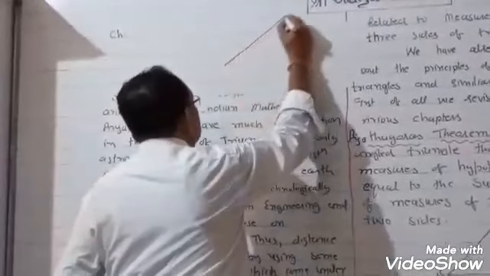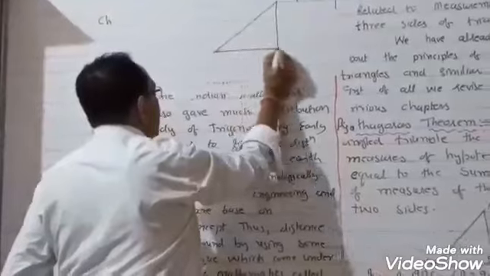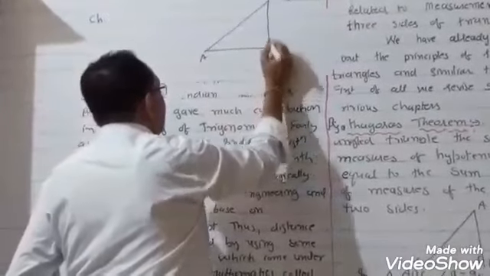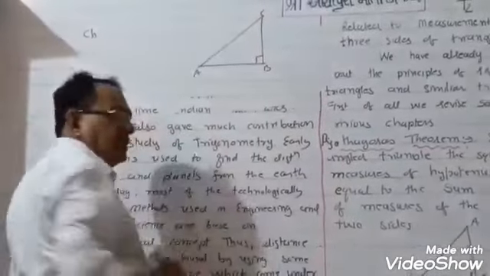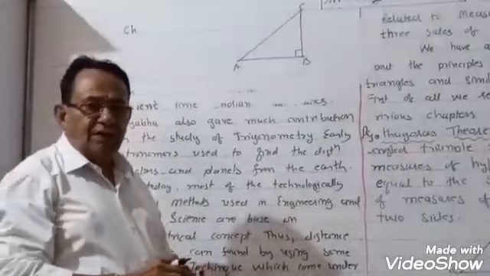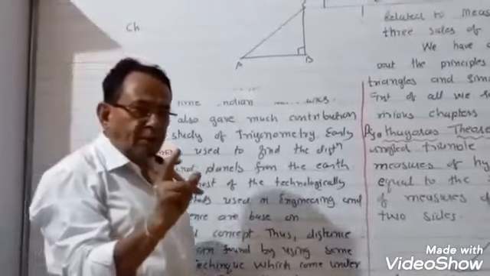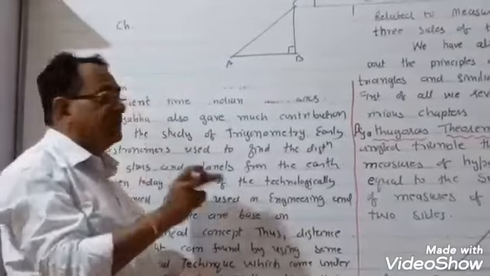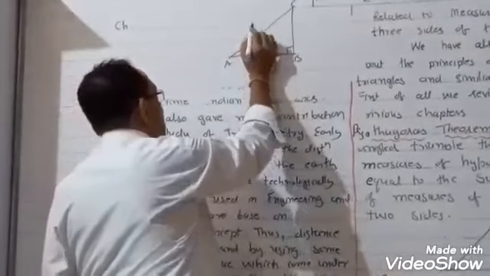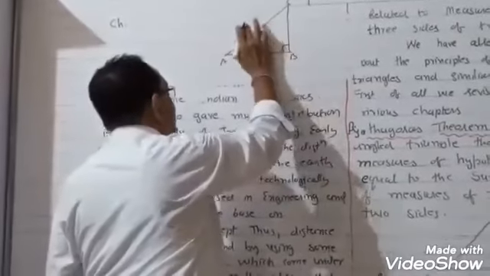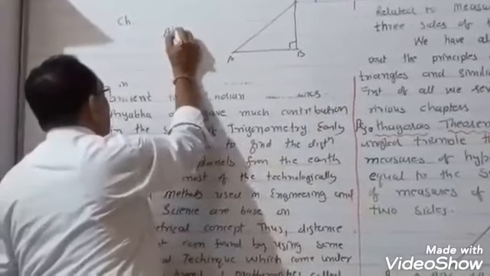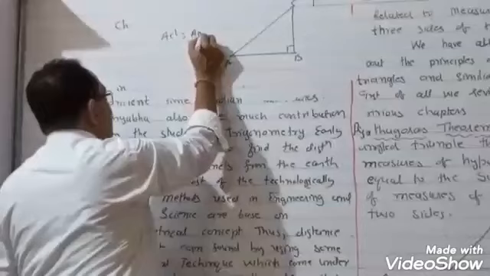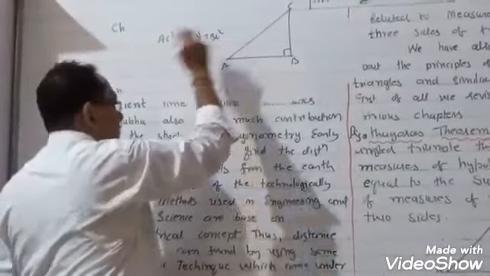Suppose that is your triangle ABC, B is the right angle. Then which one is the hypotenuse? What is meant by hypotenuse? The side opposite the right angle is known as the hypotenuse, AC. So AC square is equal to AB square plus BC square.